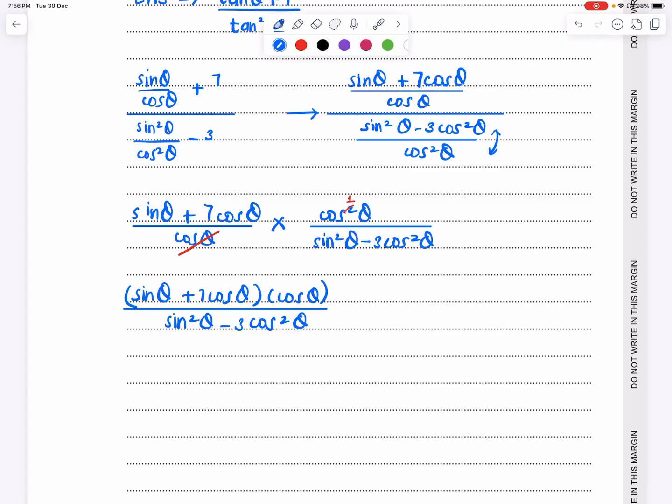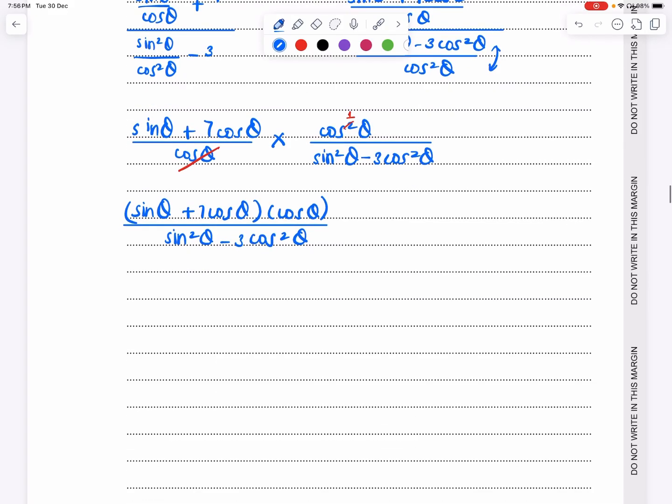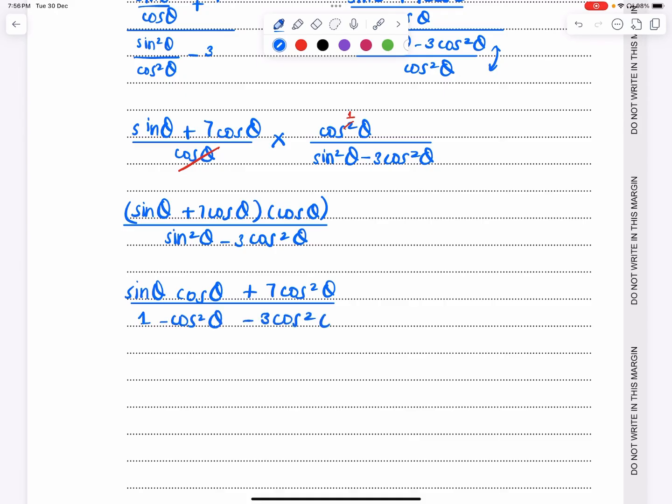Now, you can write this down as sine theta cos theta. I'm multiplying the cos theta with the inner bracket, plus 7 cos square theta, divided by, now sine square theta can be written as 1 minus cos square theta. So that's going to become 1 minus cos square theta minus 3 cos square theta.